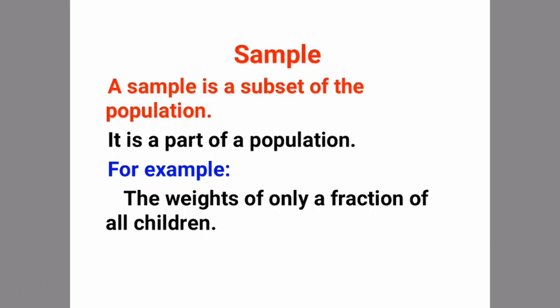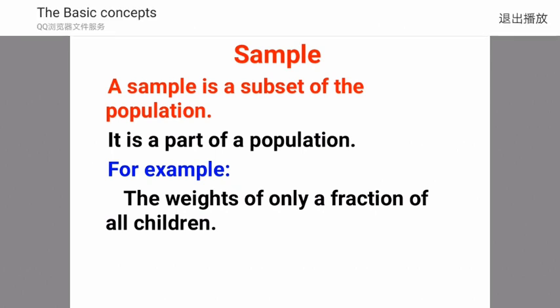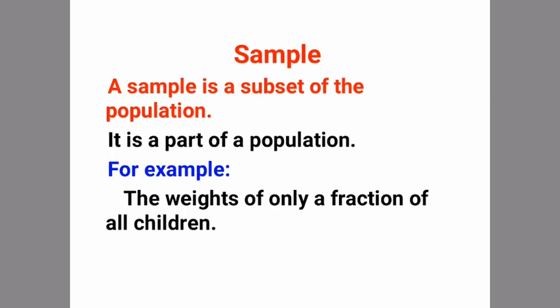The height values of those 20 students are the sample. It just has 20 values, not all the values in the class. The 100 values are the population, but I just select 20 values from this population. Those 20 values are a sample.